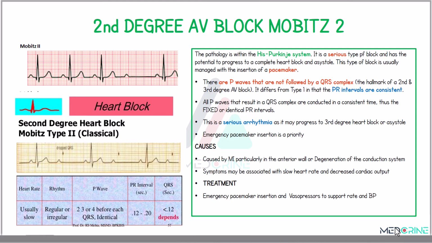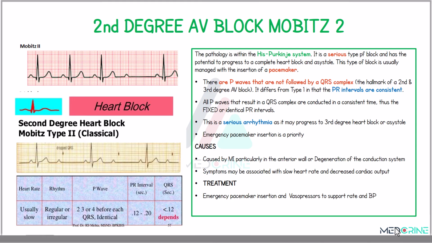In this case, there are P waves that are not followed by a QRS complex. You remember what we said, the hallmark of second and third degree atrioventricular blocks? The P waves which are not followed by a QRS complex. And it differs from Mobitz type 1 in a way that the PR intervals here are consistent.